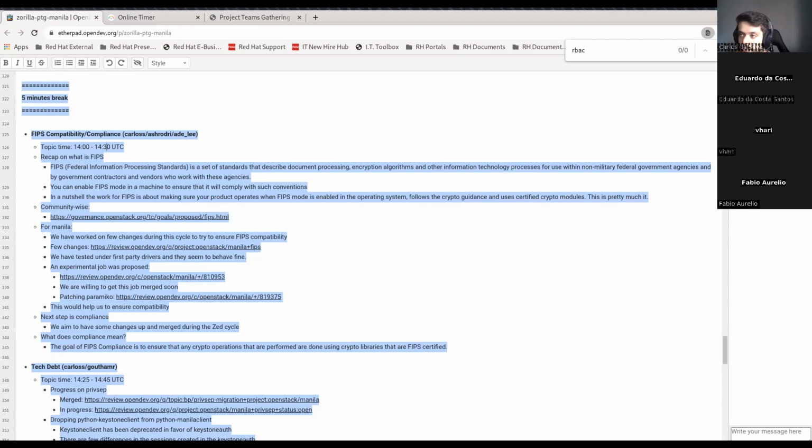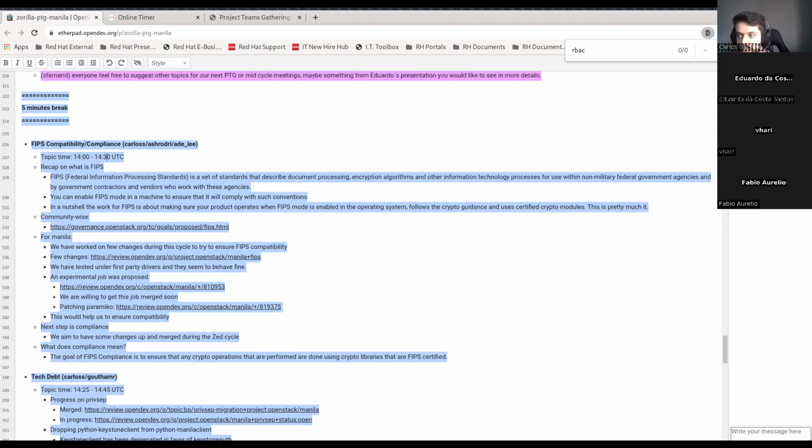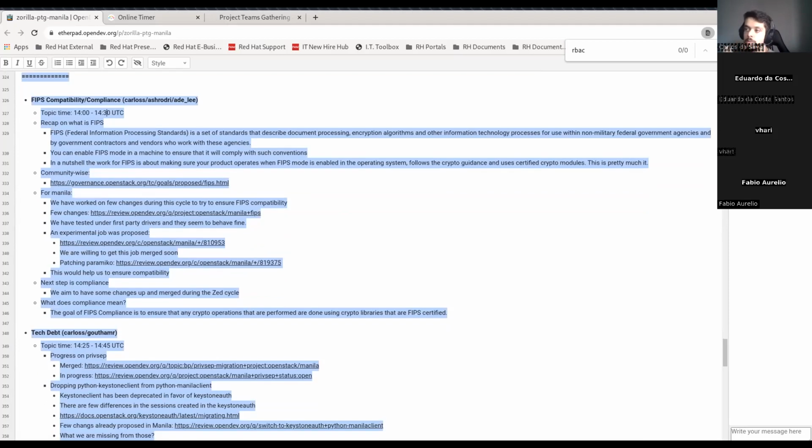You can enable FIPS mode in a machine to ensure that it will comply with such conventions. In a nutshell, the work for FIPS is about making sure that your product operates when FIPS mode is enabled in the operating system, and that it follows the crypto guidance and uses the certified crypto modules. This is pretty much it in a nutshell. If you would like to add something or correct me if I said something wrong, please feel free to do so.